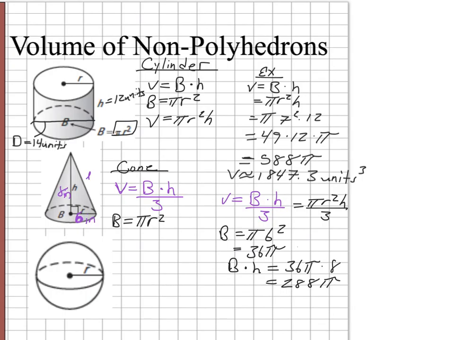Multiply 288 by the pi button on your calculator, and we get an approximation of 904.8, because we need to still divide by 3.